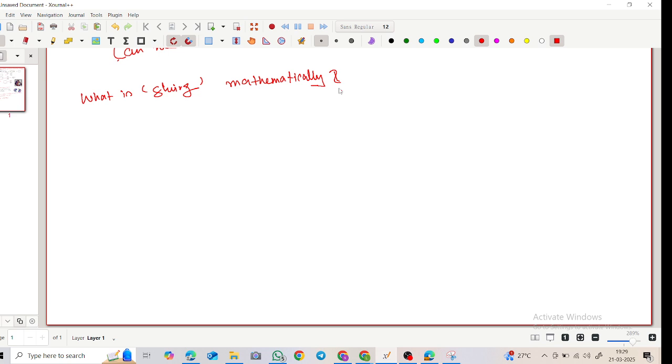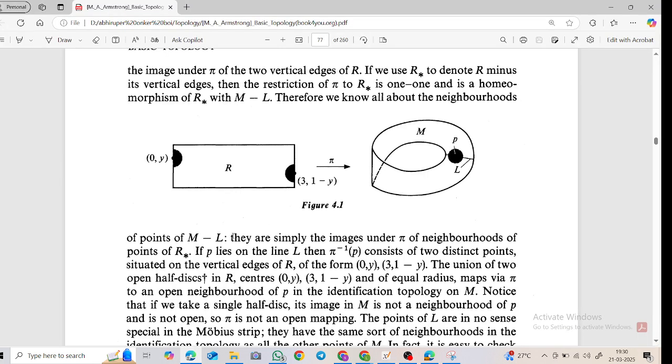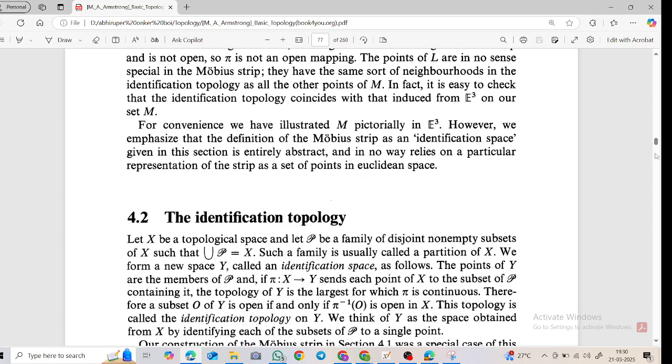So let's define a few things. So first of all, move on to identification topology.